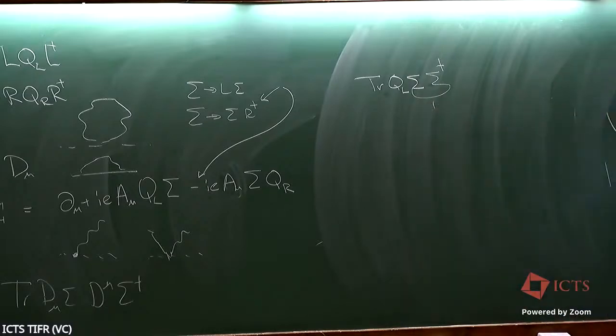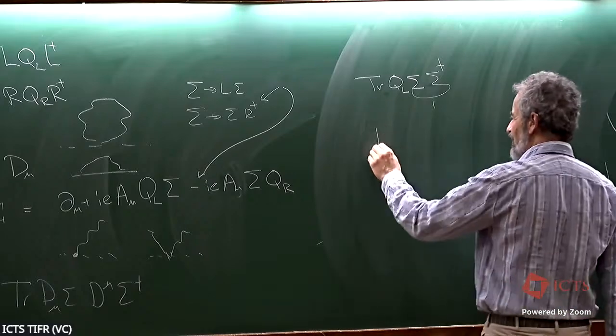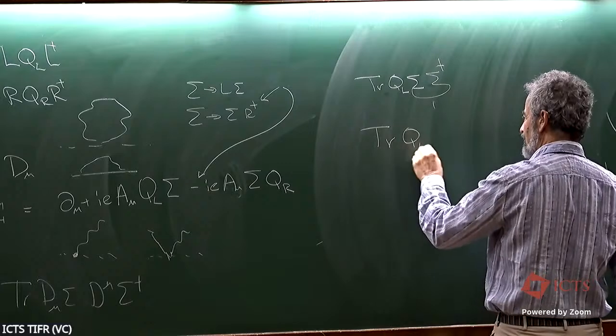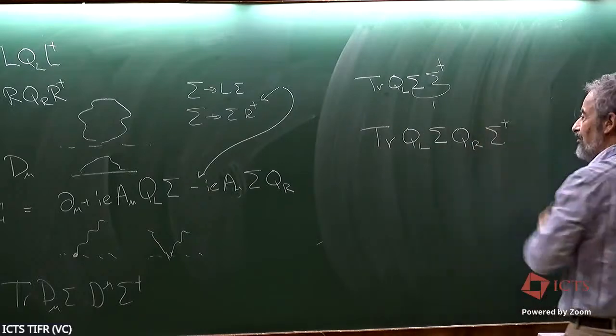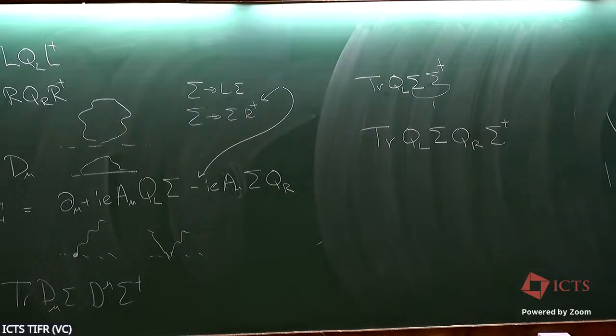So you can't make one with a single Q, but you can make one of this form, like that. Now you see why I insisted on breaking the charge up into left and right pieces, even though they're the same matrix. In terms of symmetry properties, I have to think of them as independent, and there's one of each here.